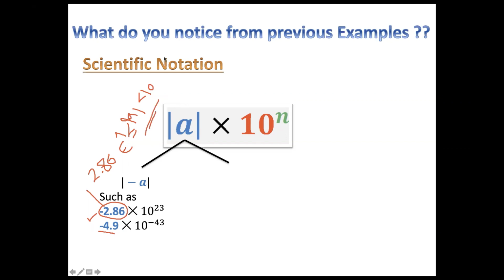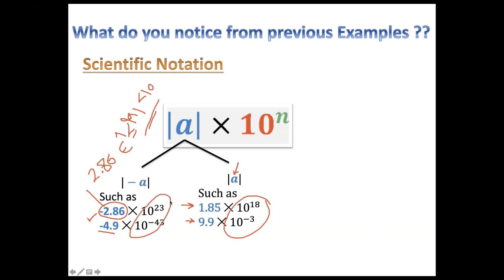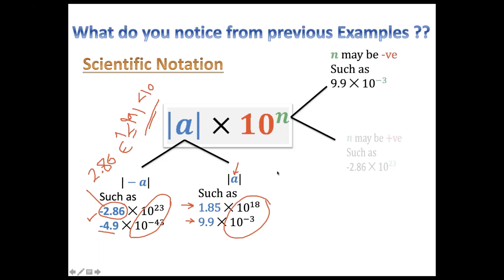Okay, the next value of A may be a positive number, such as 1.85 or 9.9. And you have to know all of them are multiplied by 10 to a power. Maybe this power is positive or negative.